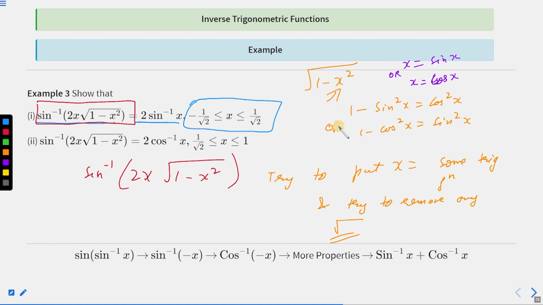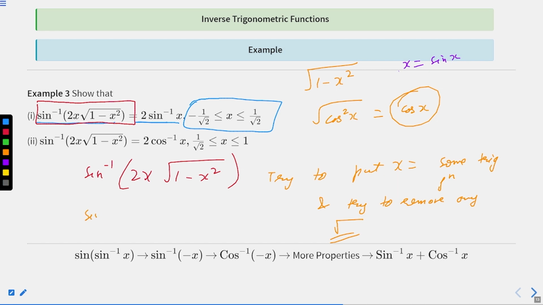Your objective to remove the under root will be served. How? Let's see. I am taking x equal to sine x, then 1 minus sine square x is cos square x, and the root of this will be cos x.